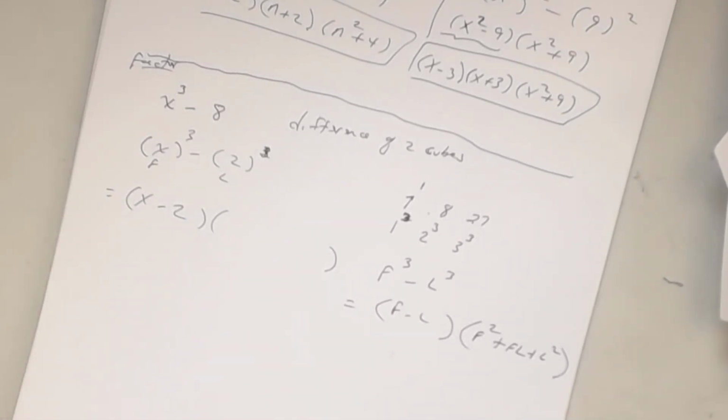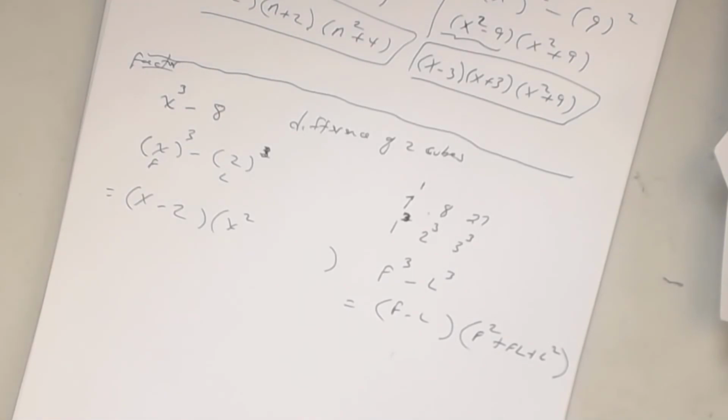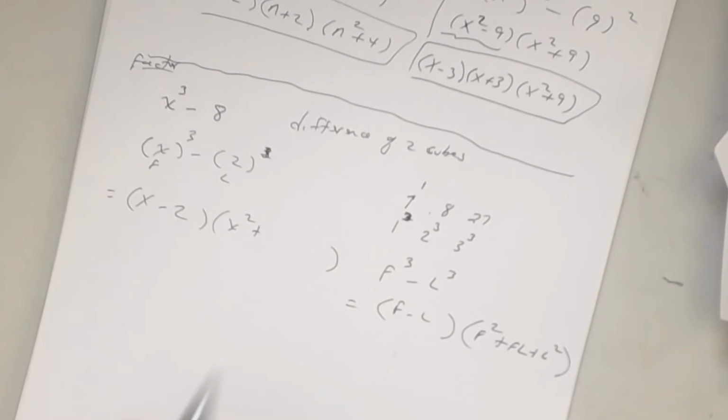Now let's talk about the trinomial. The trinomial says I take f and I do what to it? Square it. What's f in this case? So x times x is x squared. So that's x squared that goes there. Plus. Then it says I take f and L and I multiply them together.